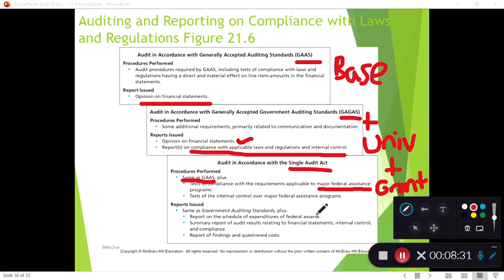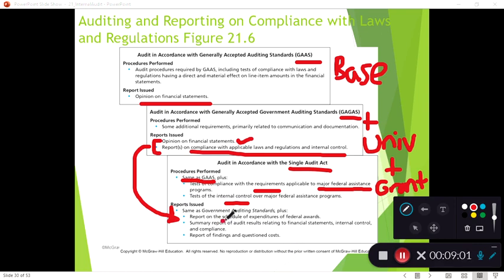So you're basically going to have to make sure that all those requirements are met, and the internal controls to make sure those assistance programs are done correctly. We're going to have to test those as well as auditors, right? And so you're going to have the financial statement opinion, the report about compliance with laws and regulations, and you're going to have these additional reports if you meet the Single Audit Act requirement.